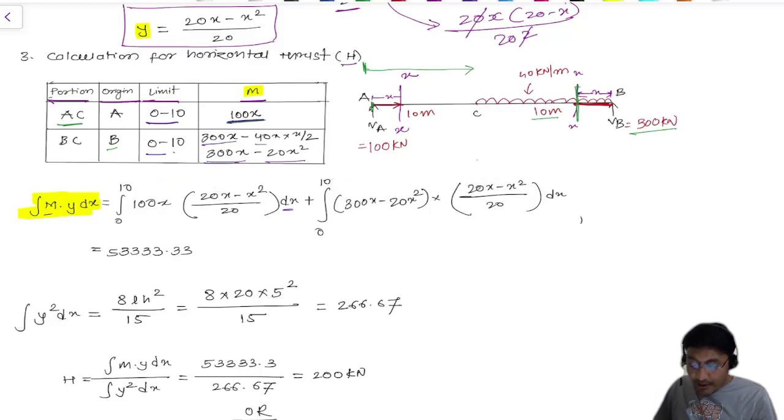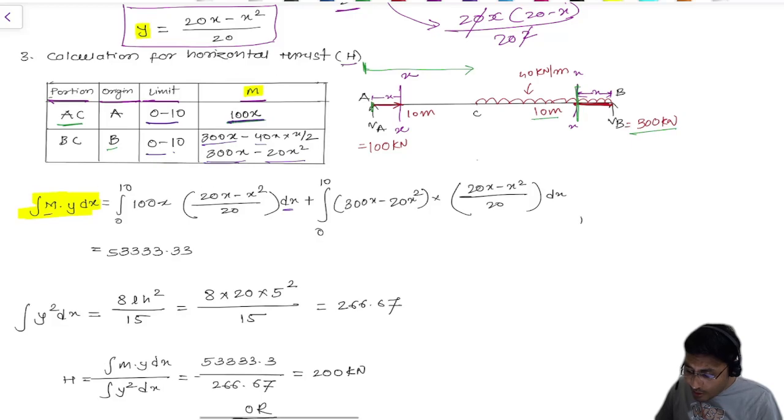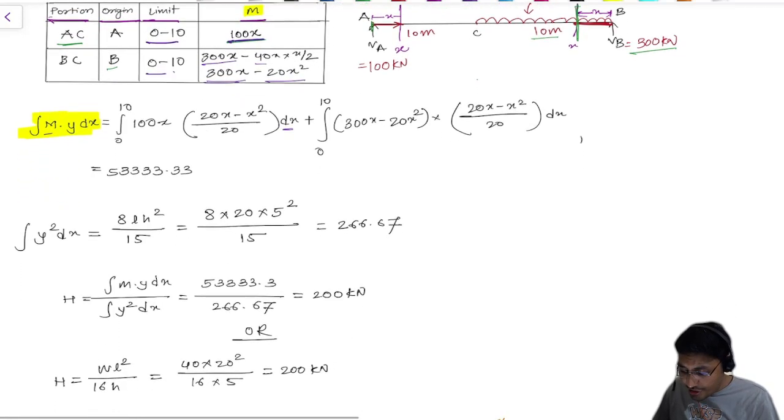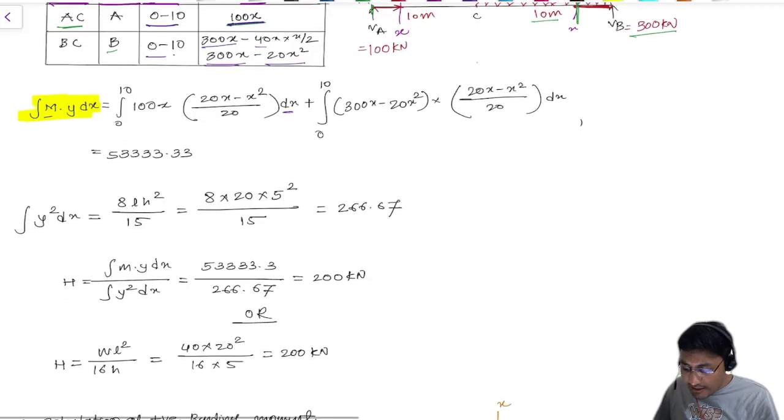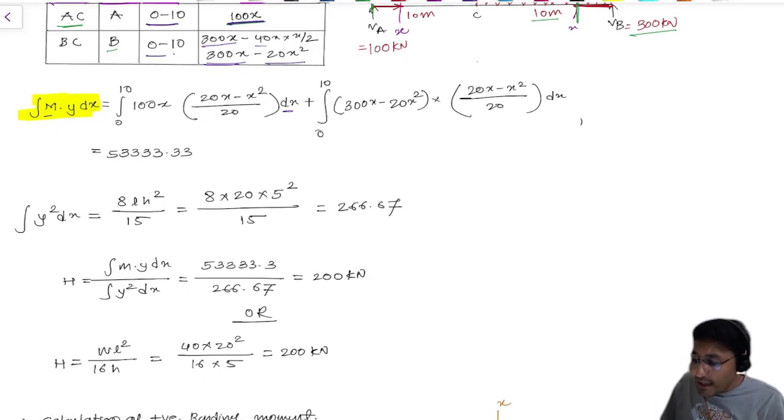Now after that, you also need to cross check this value. After calculating this, you need to calculate one more value, which is integration of y square into dx. There is one formula for integration of y square dx, which is 8 L h square divided by 15.